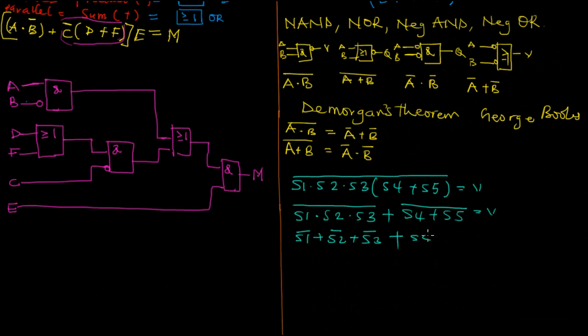But then we move to the ones that have the bars covering them. It means S4 dot S5 equals V, and yes, there is the bar on it, of course. Now we have been able to break this into each individual element having its own bar.